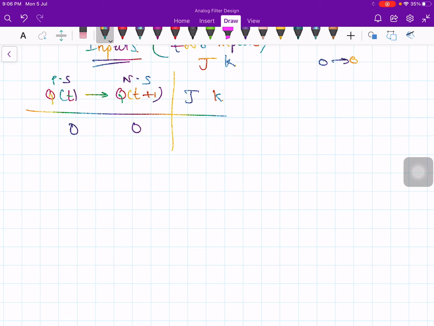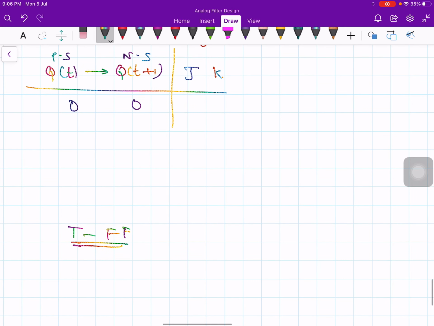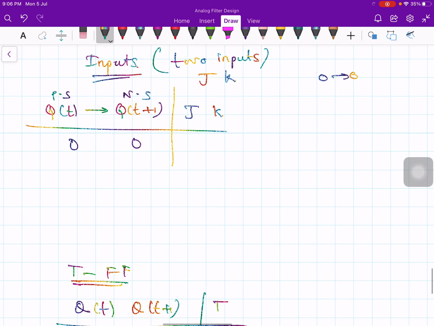If you want to fill it up for T flip flop, then Q of T plus 1 and only one input, that's all. But for JK flip flop, I have two columns, one column for J and one column for K. That's it. Now let us fill the table.